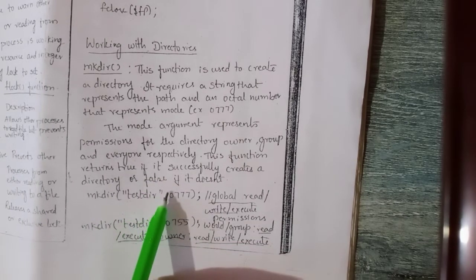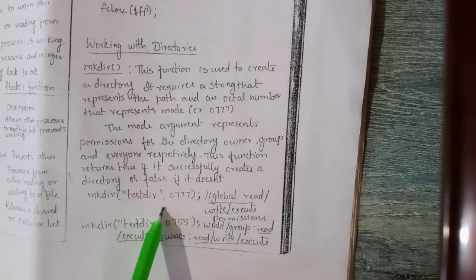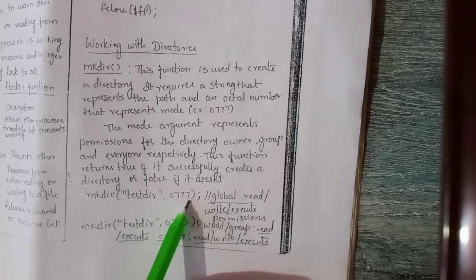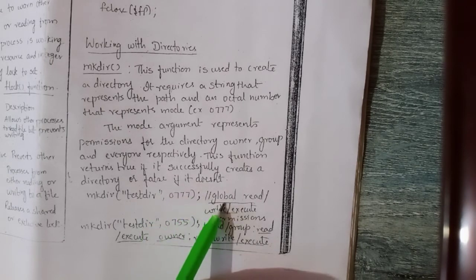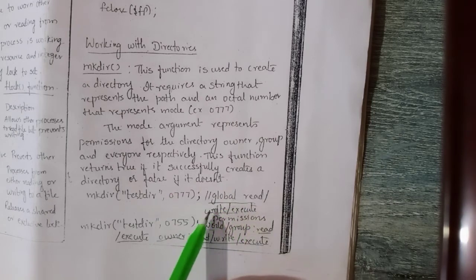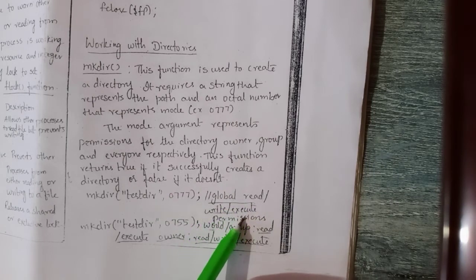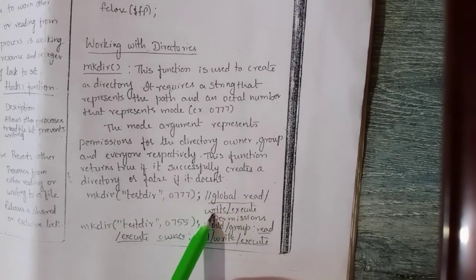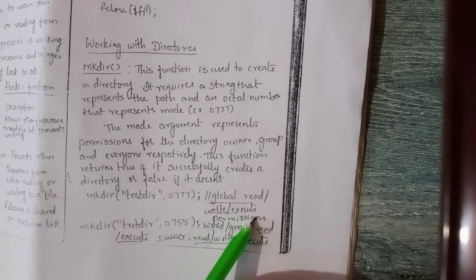Here we are creating a directory, and the directory name is test directory, and we are giving the octal number 0777. That means this can be used globally by all the users to read or write or execute. That means this directory can be used to read, write and execute by anyone.